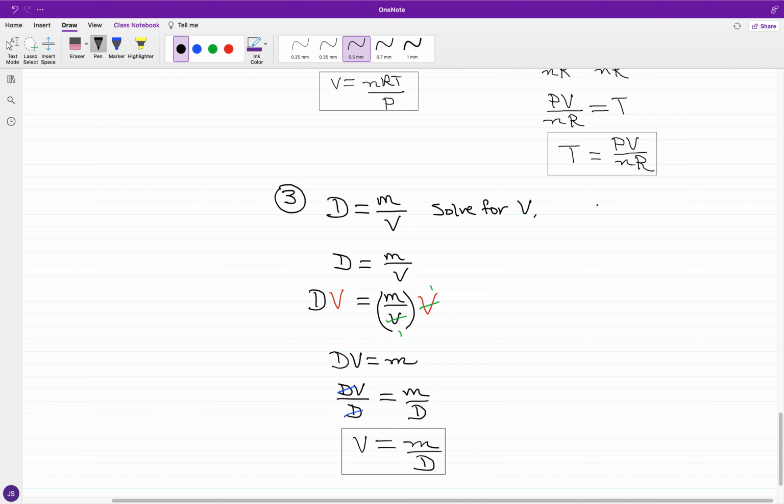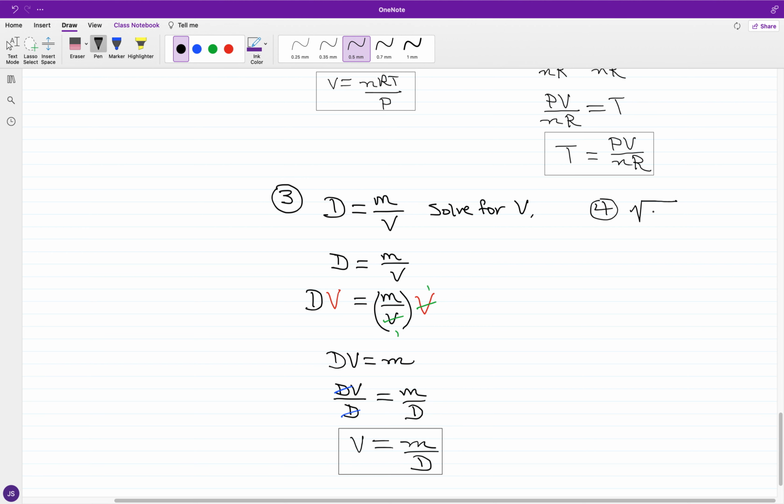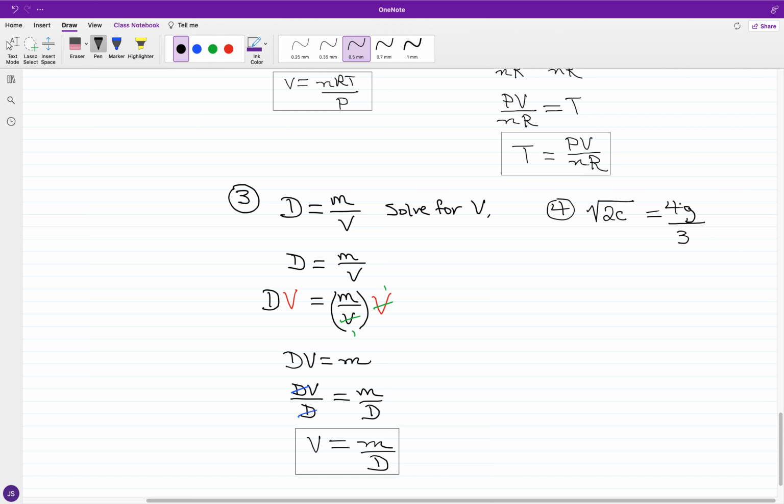And just another thing too, just to change it up a little bit, if you've got something like, let's say, an inner radical, and we'll say that we have the square root of 2 times c is equal to 4g over 3, and you're looking at solving for c.